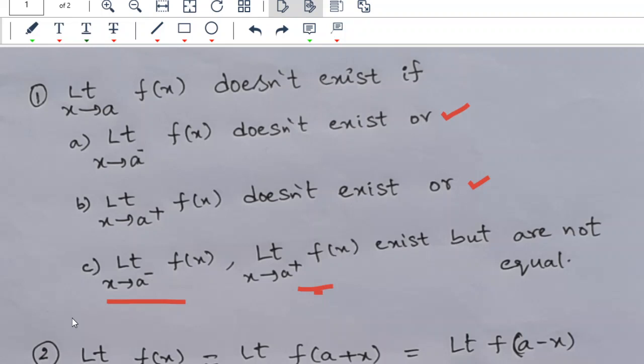So what are the conditions when the limit does not exist? Either left hand limit does not exist or right hand limit does not exist, or if both exist and they are not equal, then the limit does not exist.